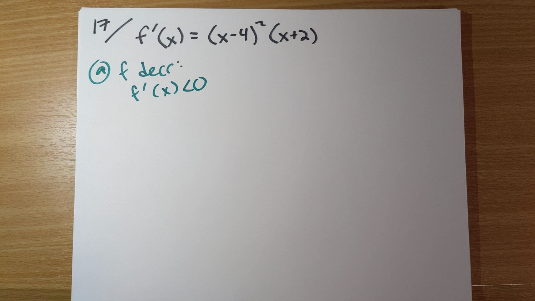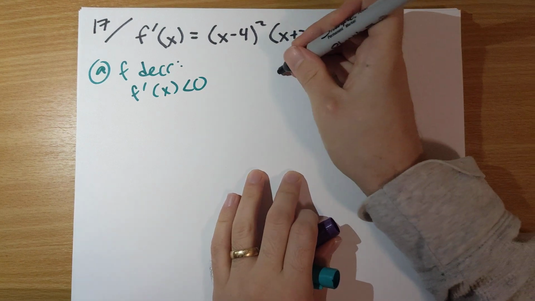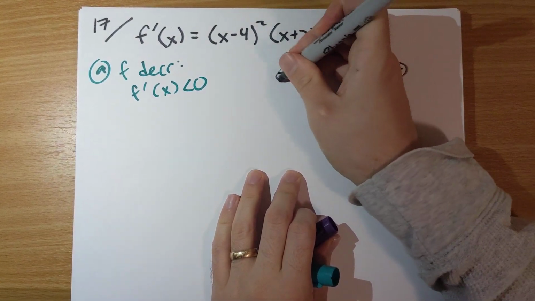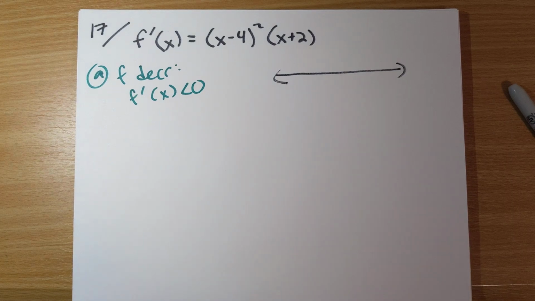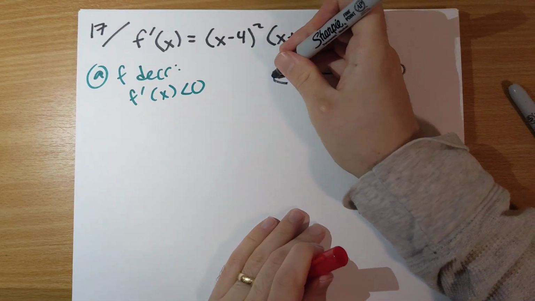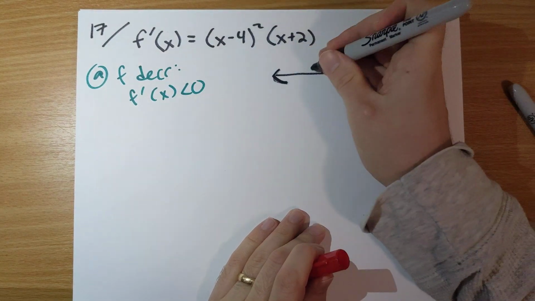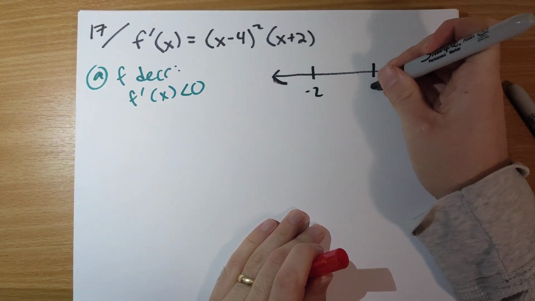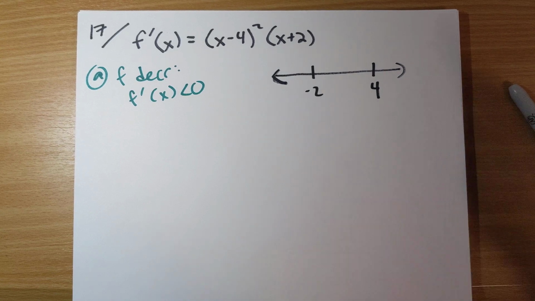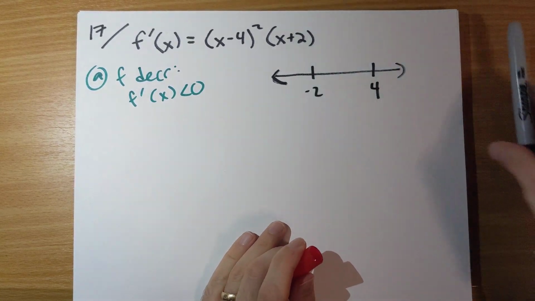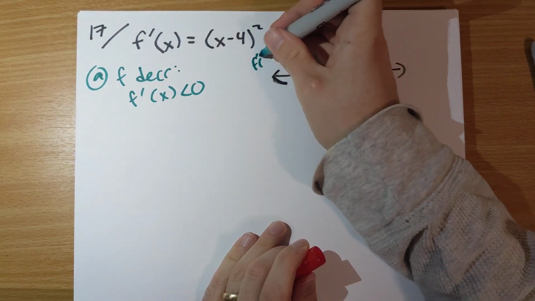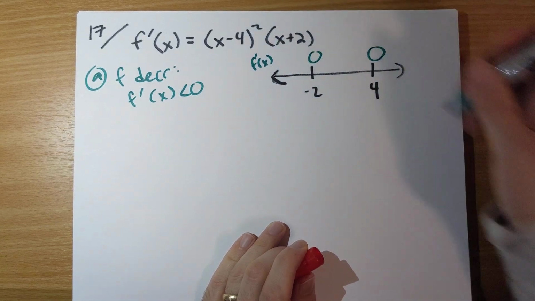Okay, let's figure out where that is. I'm going to make a little chart here. It should be clear that the locations we care about are -2 and 4, because at those places, f prime of x is 0.